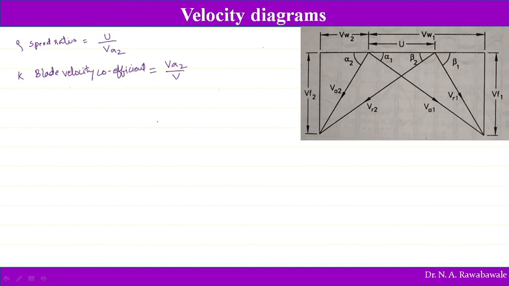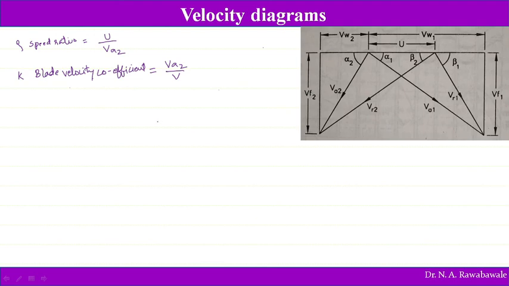The absolute velocity of steam entering and leaving the turbine decides the inlet and exit blade angles when the turbine is running at a constant speed. So these are the things related to the velocity diagram.